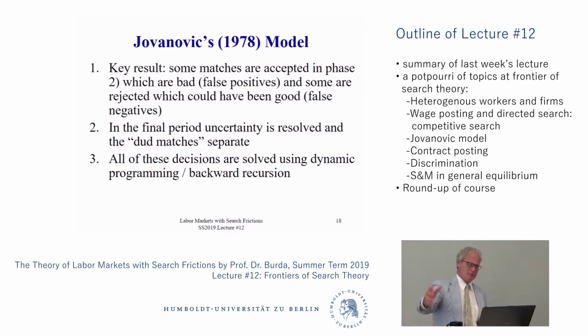So think of the last period, the third period, as being the one where we have to decide on a reservation level of productivity given that truth, be it good or bad. So when we learn the truth, we might actually split up because we know maybe we had a good first date, but it's not going to work out. Okay, that would be the case of dissolving the match in the last period.